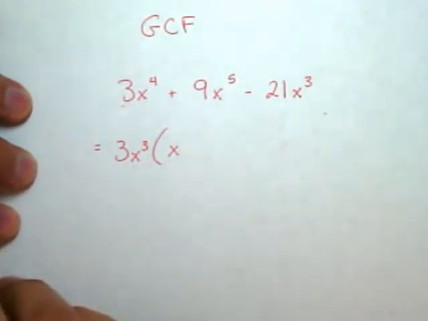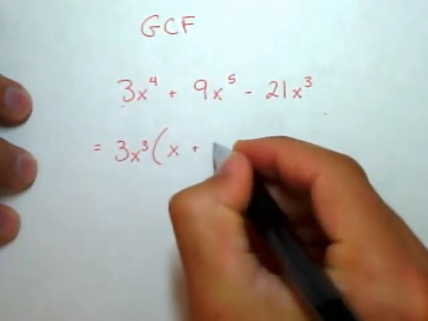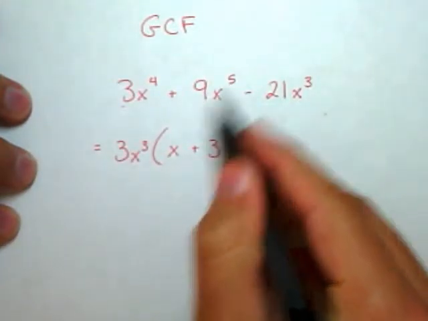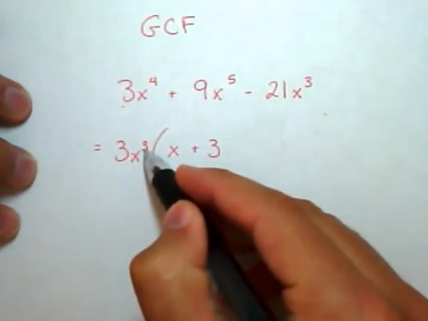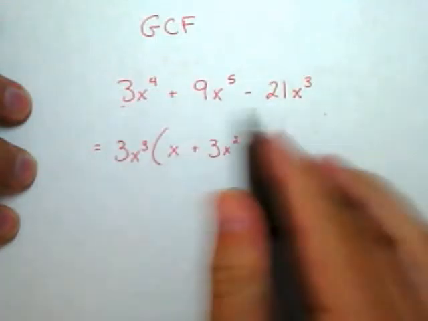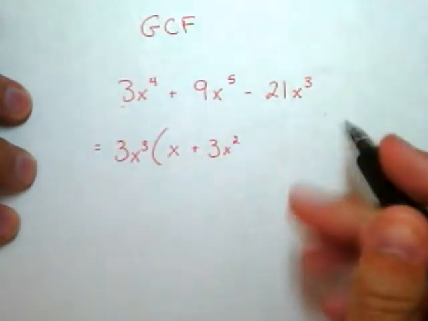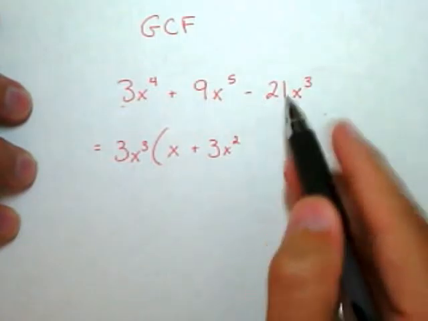Now, 9 divided by 3 is 3. X to the fifth divided by x to the third is equal to x squared. Notice how we're using division here to find this. When we factor out, we're really dividing numbers and variables out.